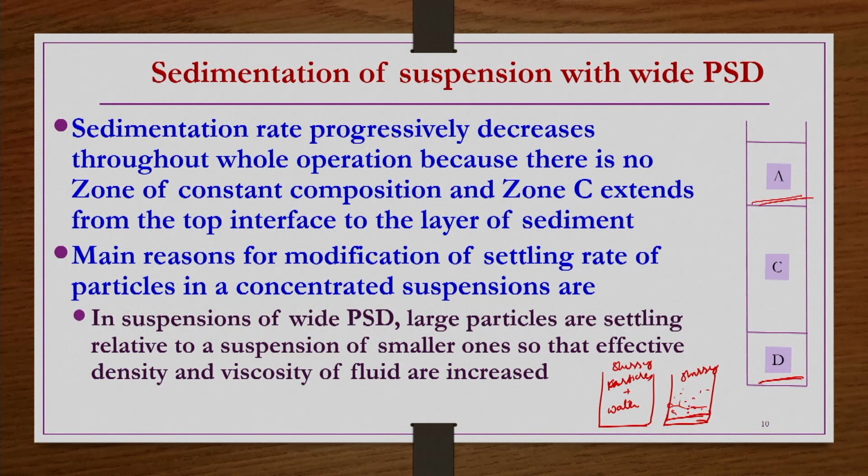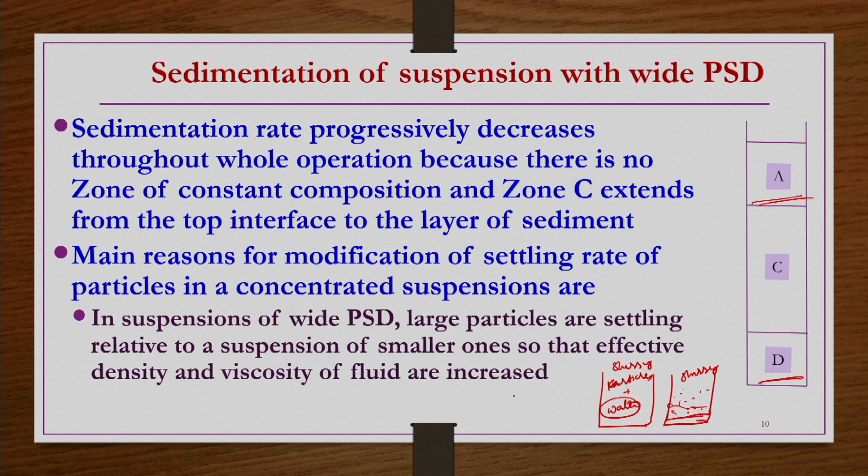So, the suspension viscosity and density would obviously be higher than the pure water viscosity and density, as we have already seen in previous lectures. They will make a stable suspension of higher density and viscosity. So, obviously, in such a suspension, settling of the other, bigger particles would be very much smaller.